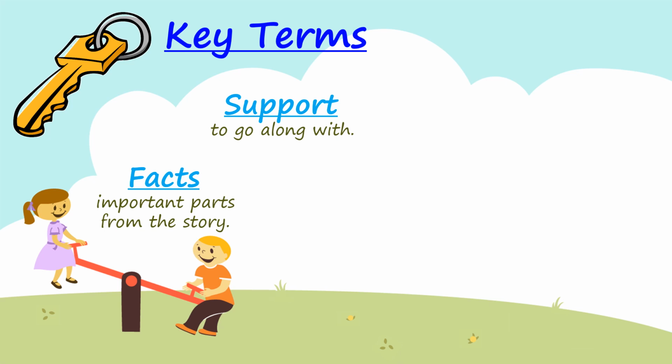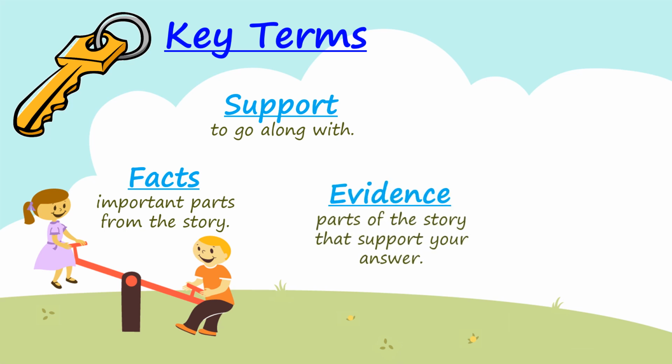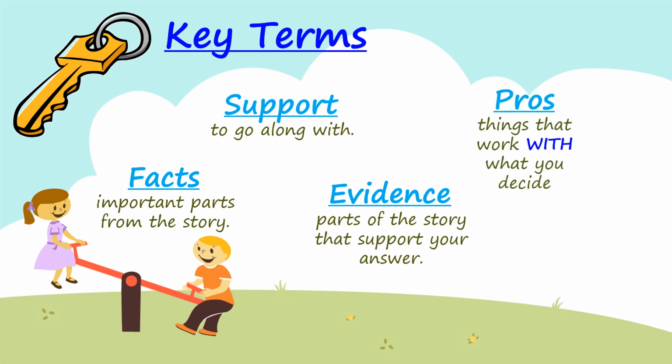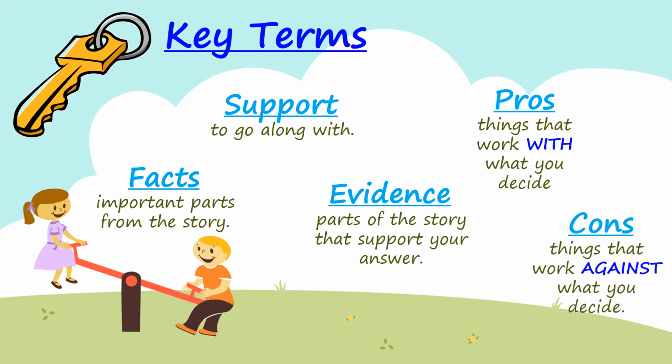This means to go along with. Evidence. These are parts of the story that support your answer. Pros. These are things that work with what you decide. And cons. Things that work against what you decide. Let's put these words into practice.